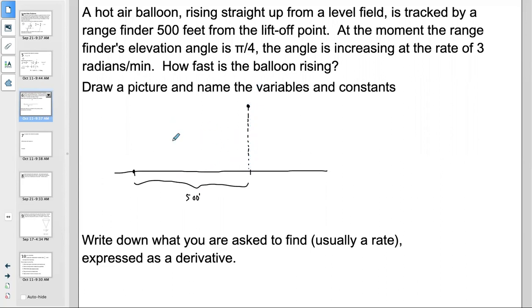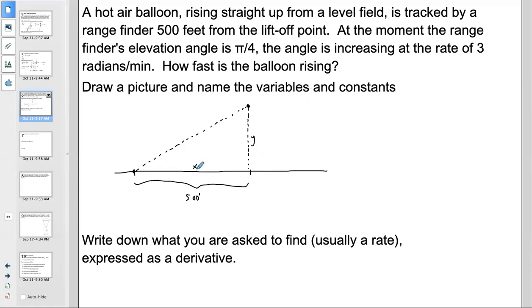So basically, there's the balloon, and it's over the liftoff point. And now the rangefinder is pointing this way. I'll call maybe this X and maybe this Y or something. That usually is smart to call vertical distance is Y and horizontal distance is X. But this time is a little different.